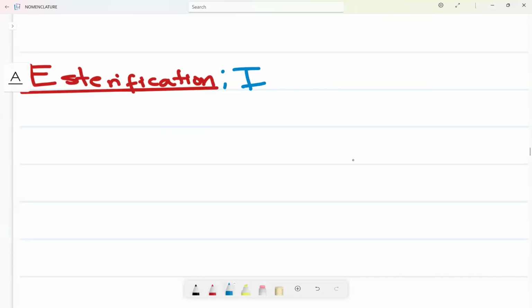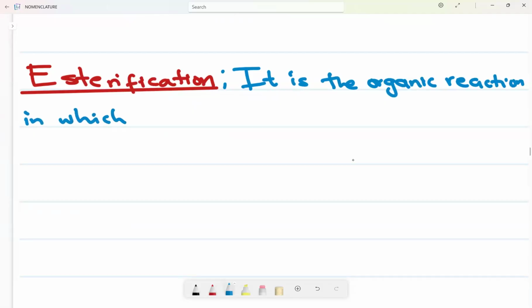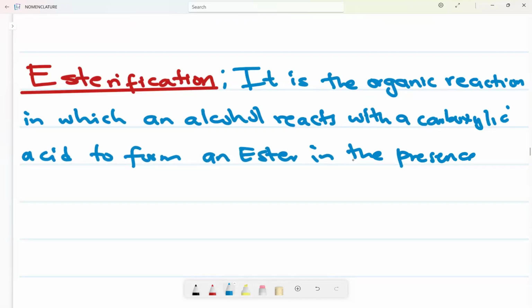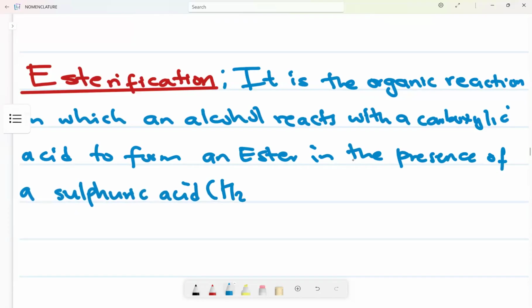Esterification is the process, an organic reaction in which an alcohol reacts with a carboxylic acid to form an ester in the presence of a catalyst, okay, in the presence of sulfuric acid, which is H2SO4, as a catalyst.